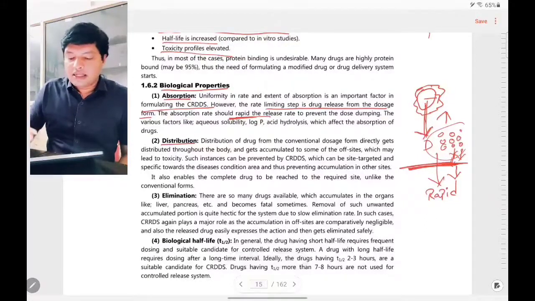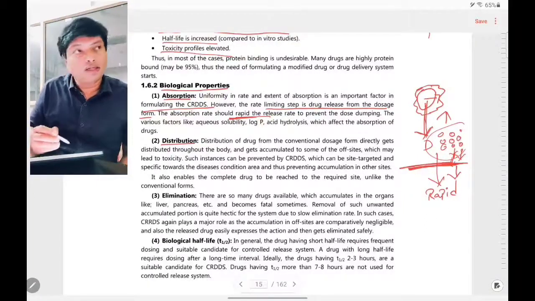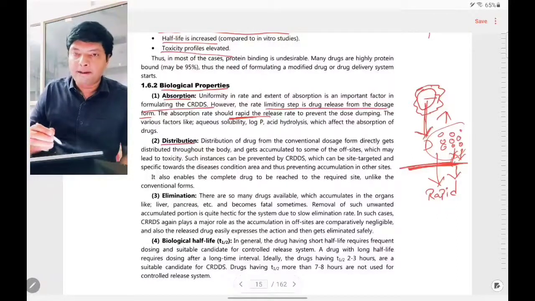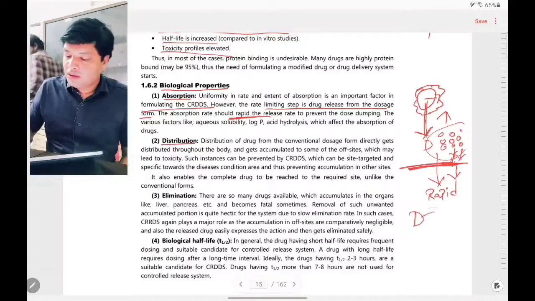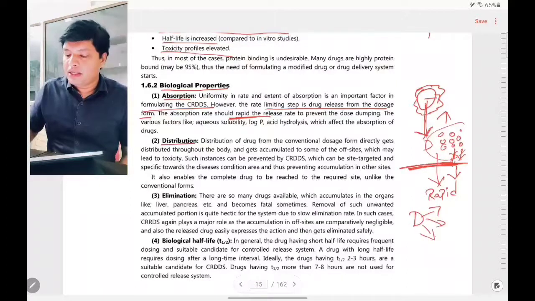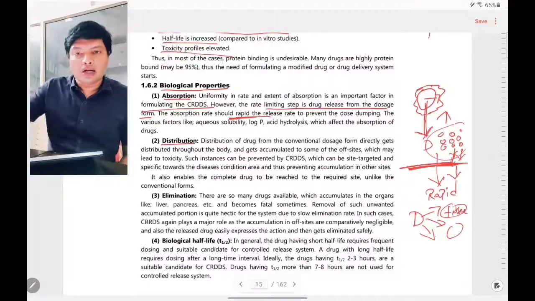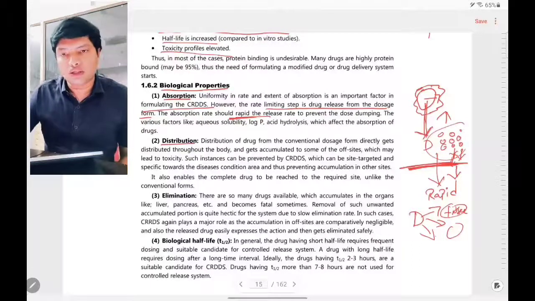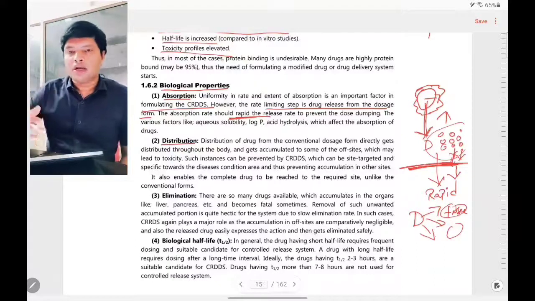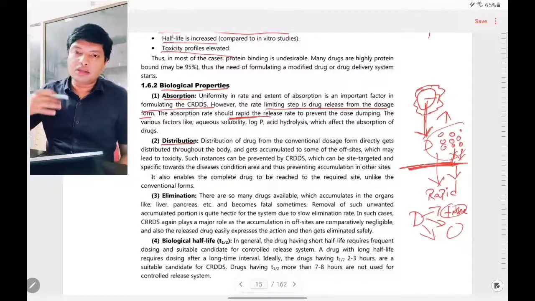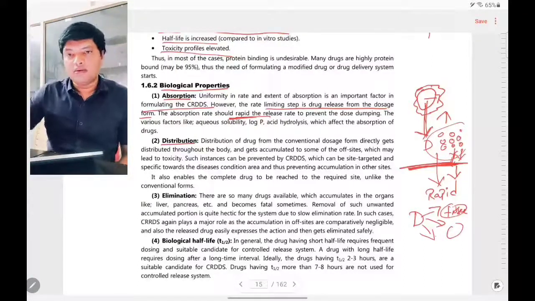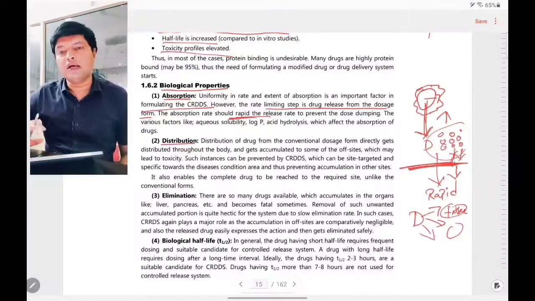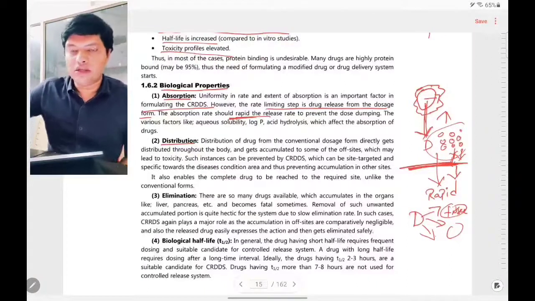If the drug has good distribution property, the drug will be distributed throughout the body in all the tissues, which again causes accumulation of the drug there and tissue toxicity. In the normal dosage form, because you are releasing the drug very rapidly, the drug will distribute rapidly and will accumulate in the tissue if it has good distribution.